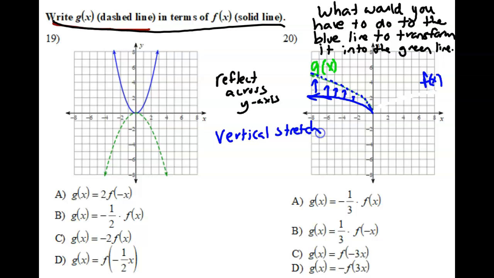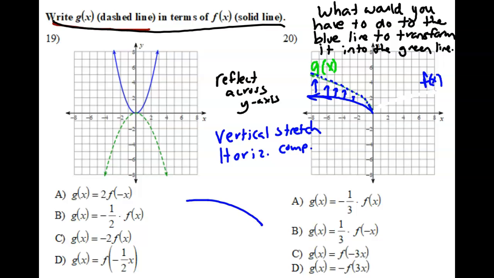Now, here's the funny thing. On these graphs, a lot of times, if it's a vertical stretch on a graph, then it might also be a horizontal compression. Just the opposite. Now why is that? Well, if you think about it, let's say I have this line here.